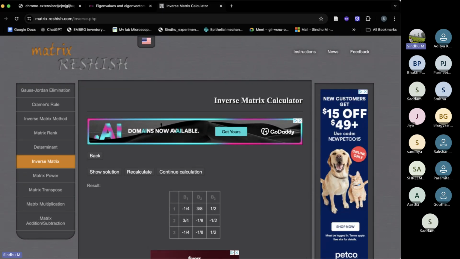Now we have to use this to solve the equation. Let me go back to my slides.